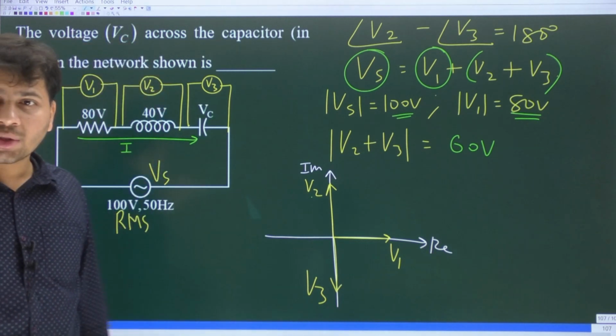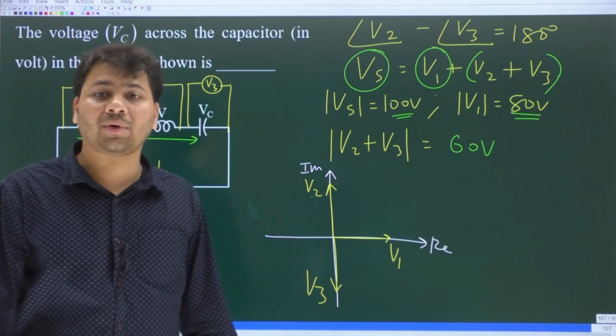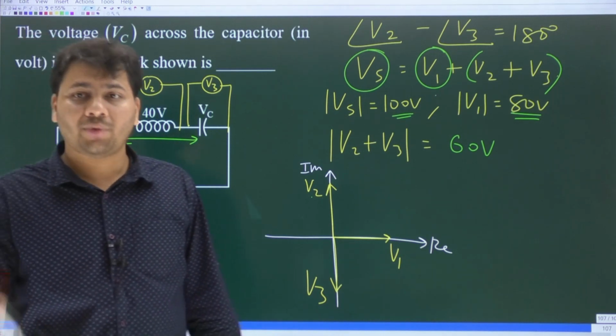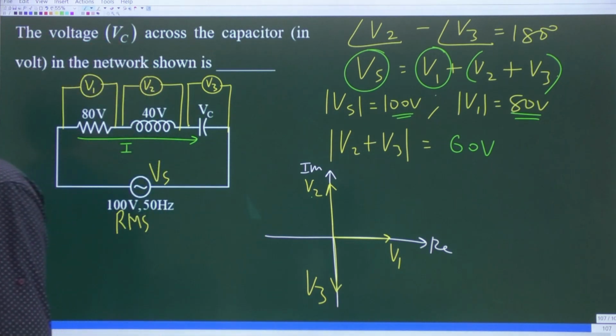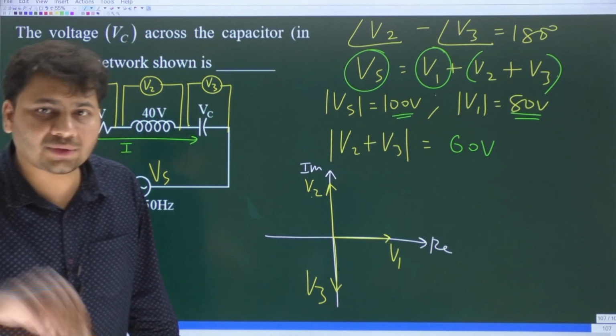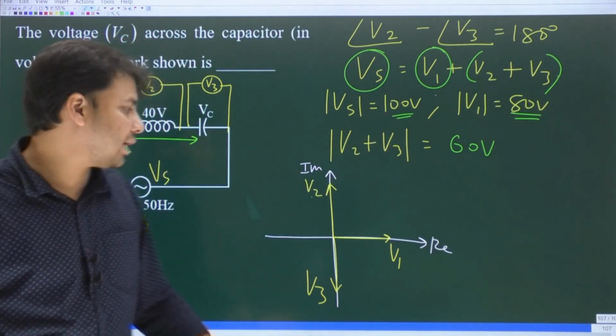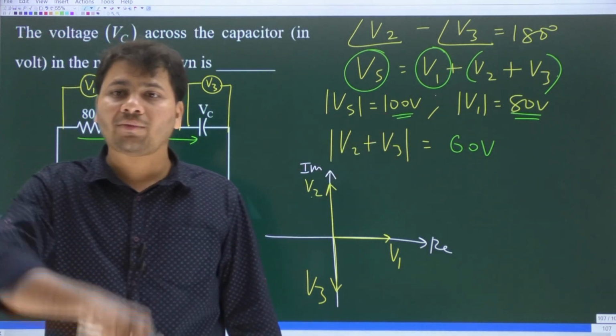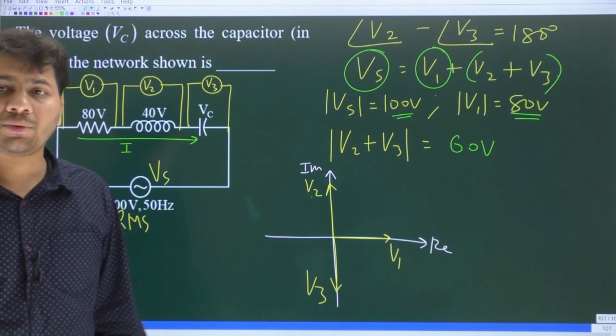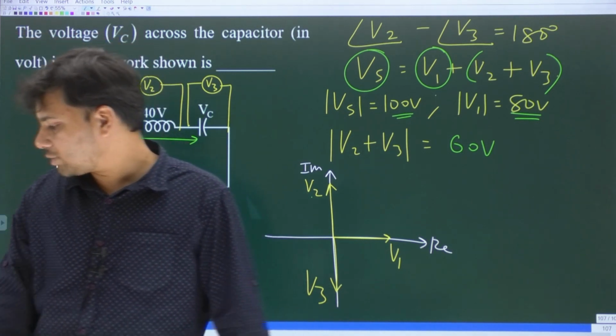First you tell me which one should be longer, V2 or V3? Use logic. You see V2 plus V3, that resultant phasor should have a length of 60 units. Already V2 has a length of 40 units. So between V2 and V3, which one has to be longer?